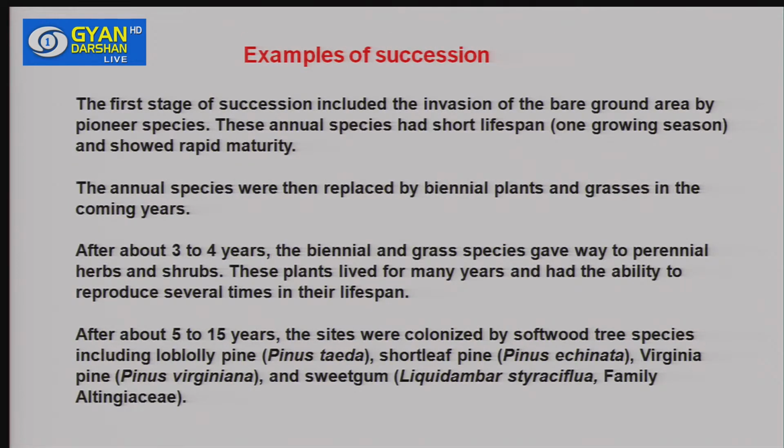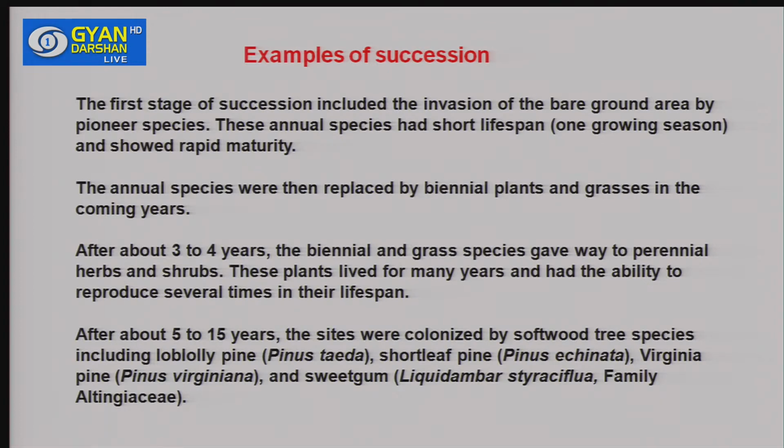The first stage in succession included the invasion of the bare ground area by pioneer species. So by this time, I think it is clear to you that there will be a pioneer species. Most of these pioneer species were annual species. They have a short lifespan. So obviously they will get replaced, and then the biennial plants or the grasses come in the succeeding years.